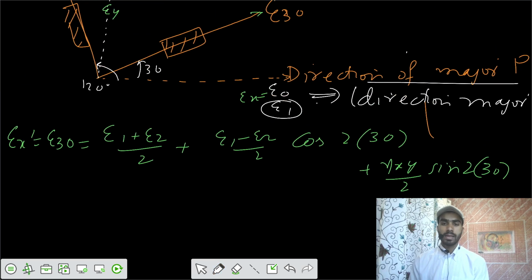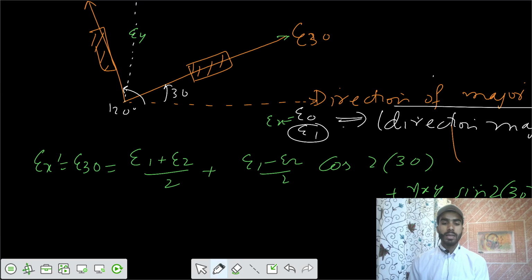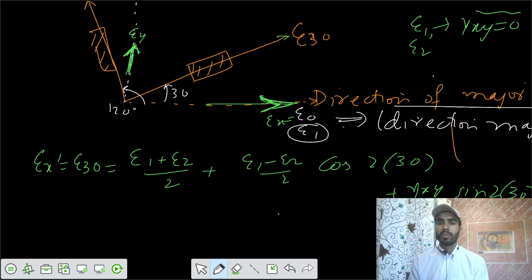Now the thing is, if this is a principal plane and this is a principal plane, or we can say this is the direction of major principal stress, minor principal stress, and this is the direction of major principal strain, minor principal strain, that means on the minor principal and major principal planes, your gamma xy is 0.